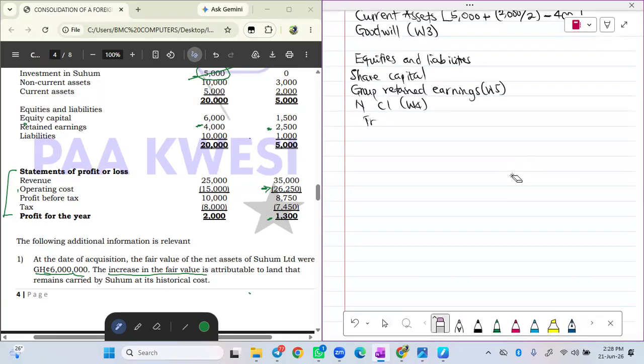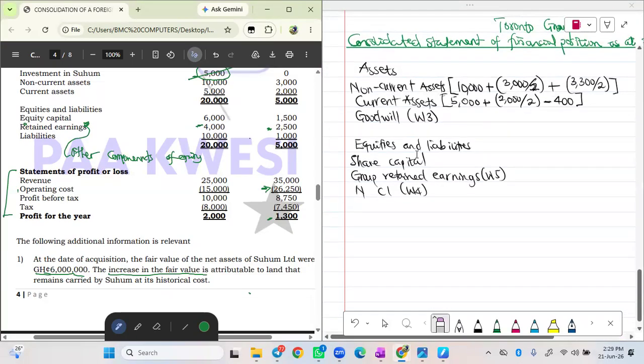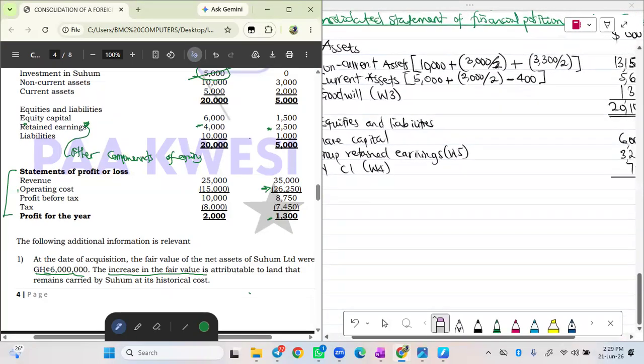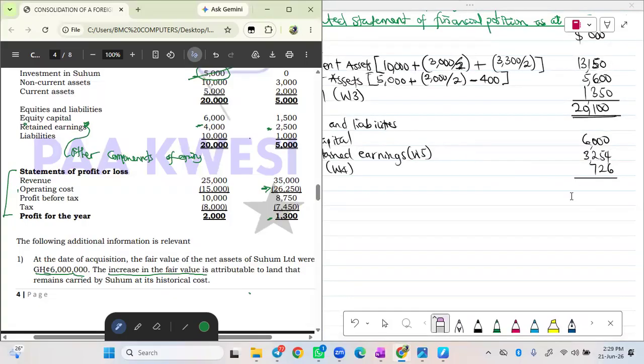If you have this line item as part of the statement, other components of equity, the next question will teach us that. If you have this as part of the equity items in a question, the exchange losses and gains must be treated in OCE instead of working 5. But this one, we had nothing like that, that's why we treated it in working 5. So what is the total equity?